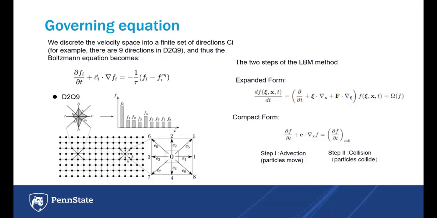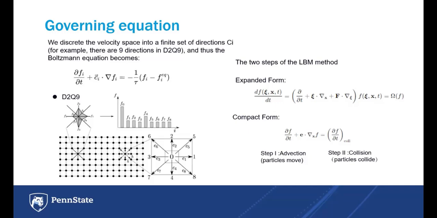A widely used example is the D2Q9 lattice. D2 stands for two spatial dimensions, and Q9 means we use 9 discrete velocity directions. These include 1 zero-velocity rest direction, 4 directions pointing to the cardinal points north, south, east, and west, and 4 diagonal directions.